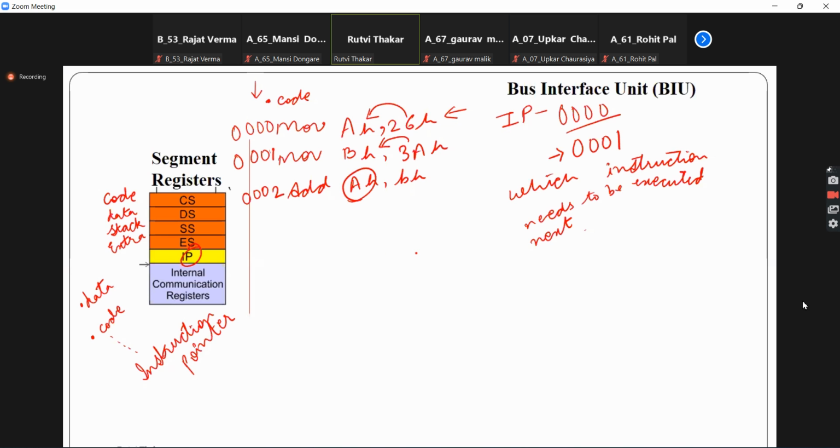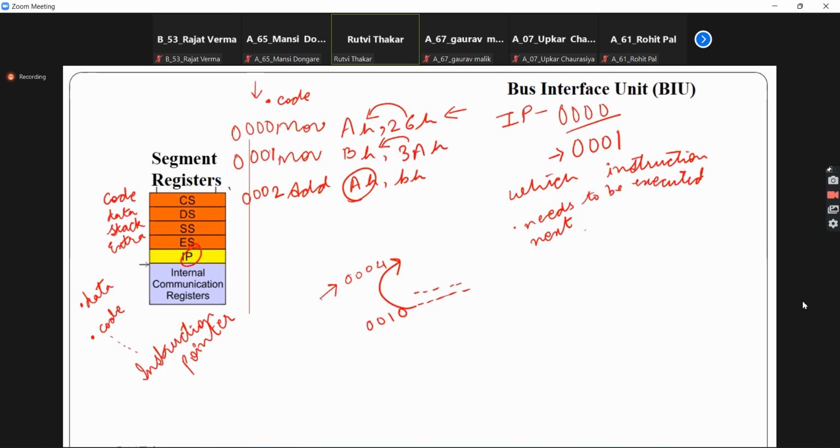So I have reached this point, it is executing here, but this condition is not satisfied. It tells that I have to go to a particular instruction. Suppose this is instruction location 10 and you have to jump to location 4; this is going in reverse order. So depending upon the coding we write, the instruction pointer will point towards that instruction and let you know which instruction is to be executed next.